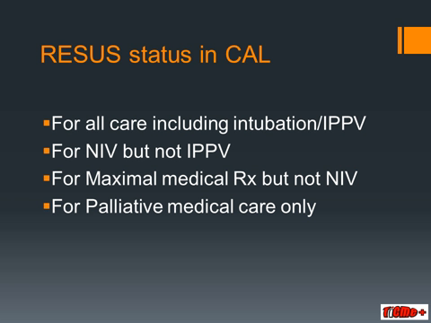So I like to ask: is the patient for all care, including intubation and invasive positive pressure ventilation? Are they for non-invasive ventilation but not for intubation? Are they for maximal medical therapy but not for non-invasive ventilation? Or in some circumstances, is the patient to receive palliative medical care only?